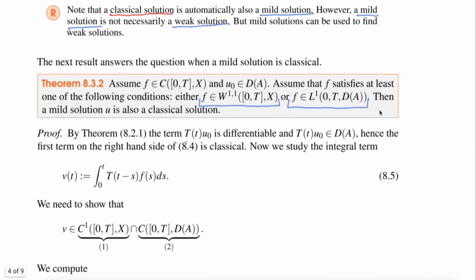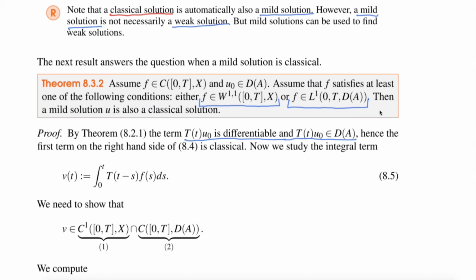It is differentiable, and it is in the domain of definition, like we have seen in the fundamental theorem. Differentiable in t means it is in C1 with values in X. And T(t)u0 sitting in D(A) means it is continuous with values in D(A). So this is a classical part all by itself.